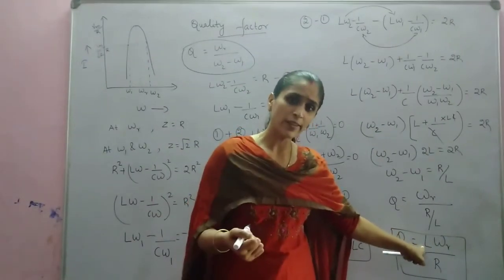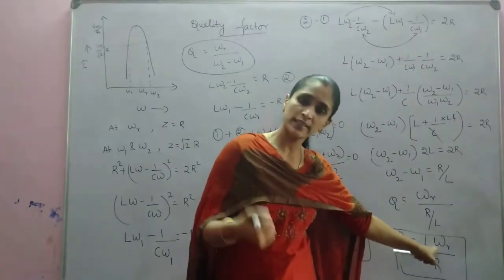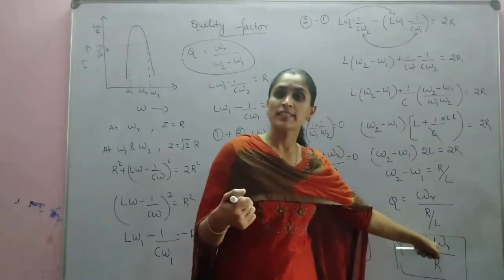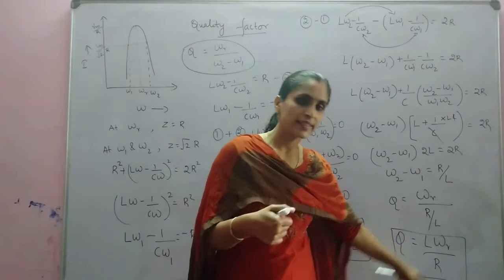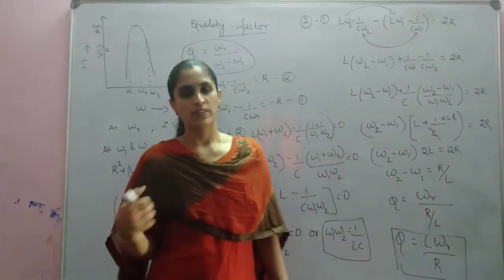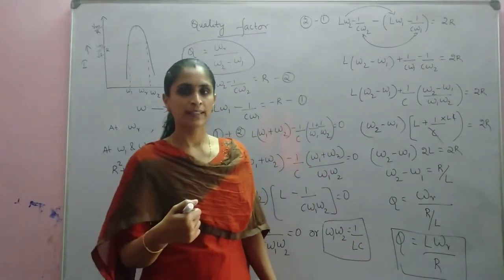L is the value of the self-inductance, omega r is the angular frequency at resonance, and R is the value of the resistor. Okay, is it clear?